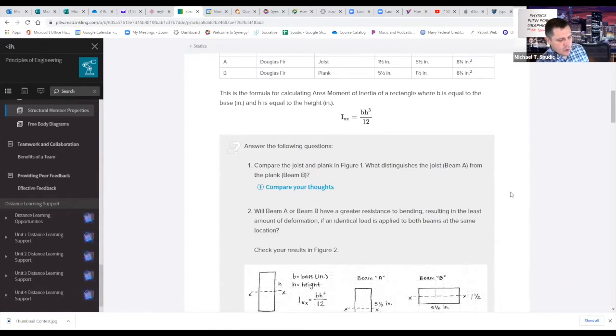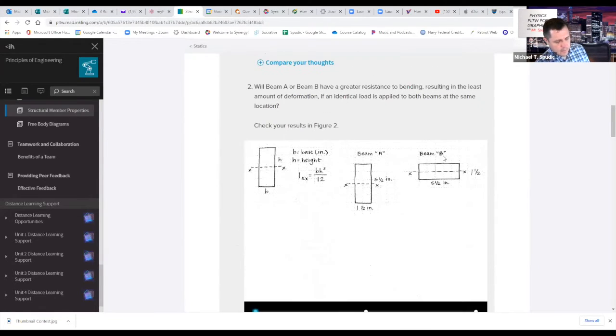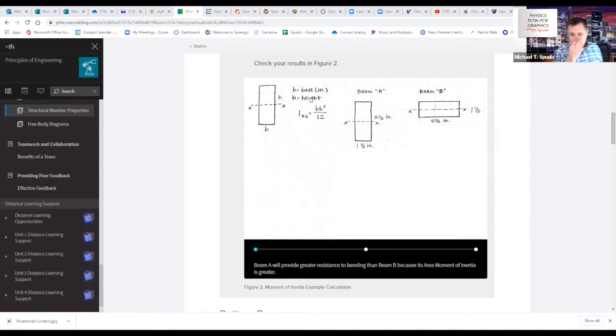I would like you to calculate the moment of inertia for beam A and beam B. They're the same one, but the joist versus the plank. Everybody do it now. Calculate on your calculators the moments of inertia between the two of them. Go ahead. All right, how's that? Are we good? Do we need more time? Somebody tell me in the chat if you need more time.